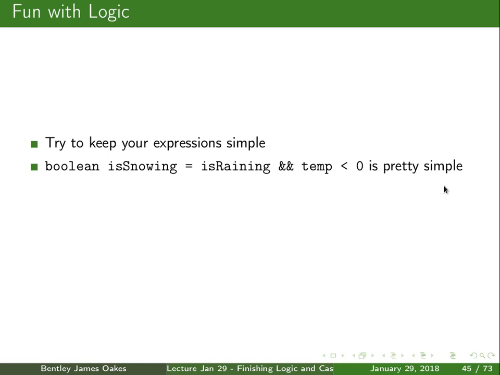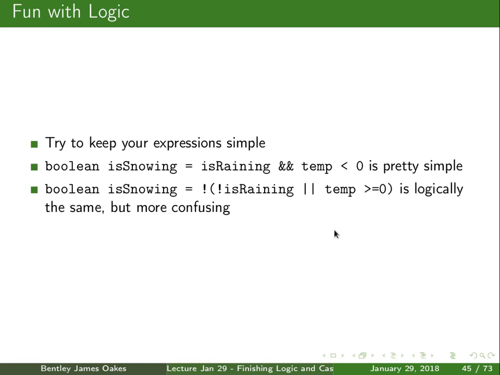And I just want to show you an example, something that might come up, might not come up, because you guys will try to keep your expressions simple. I'm going to have a Boolean is snowing. We saw it's raining and the temperature is less than 0. That's pretty simple to think about. You can use something called De Morgan's laws and flip around that statement.